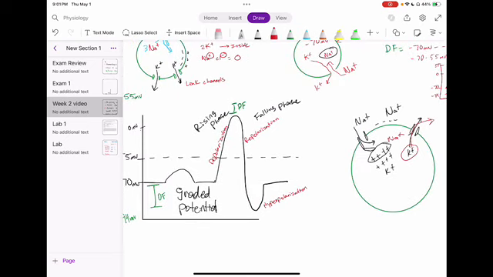So this sodium entering the cell balances out and returns us to our resting membrane potential.